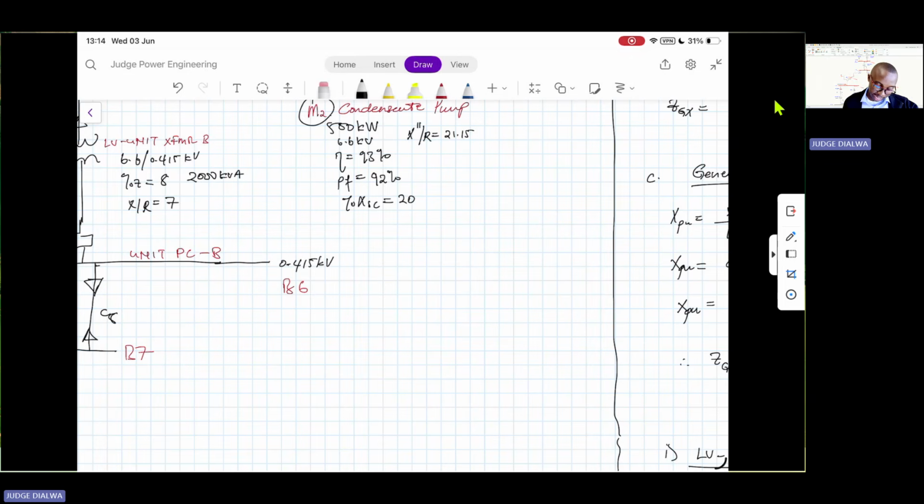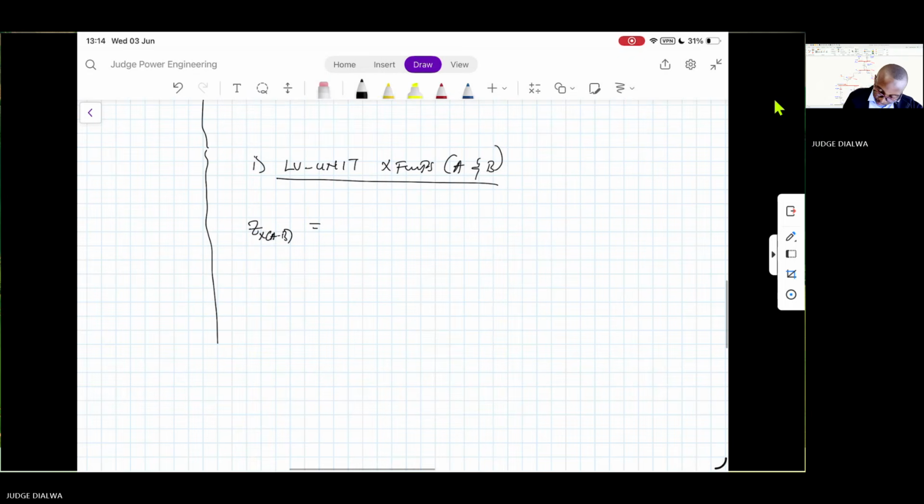These are 2000 kVA rated transformers with an X over R ratio of 7. So that will be 0.08 multiplied by the new MVA base over the old 2000 kVA, that's the equivalent in MVA.